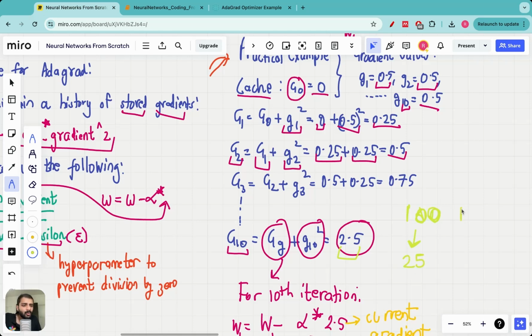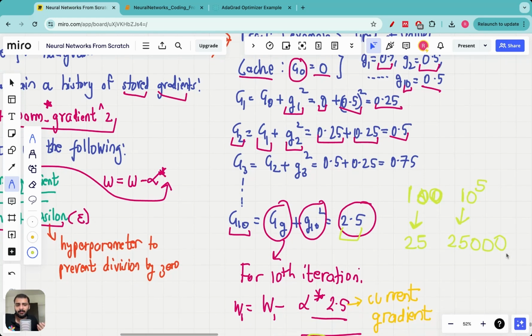If you actually do 10 raised to 5 iterations, you will see that the cache value actually reaches 25,000.